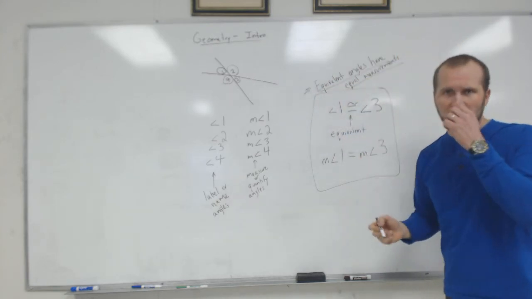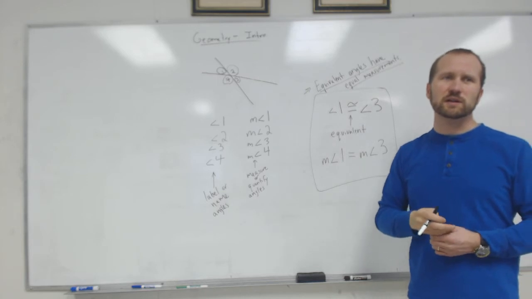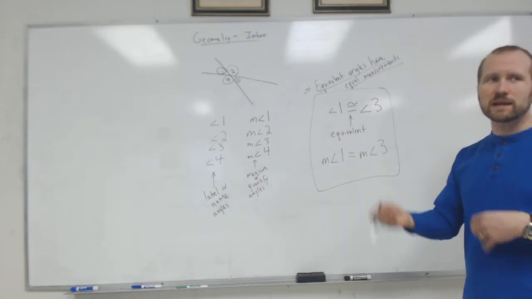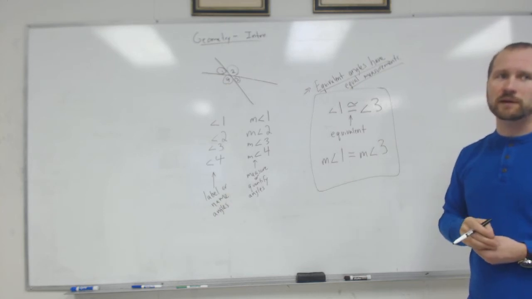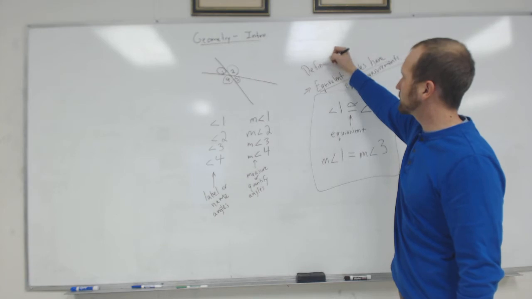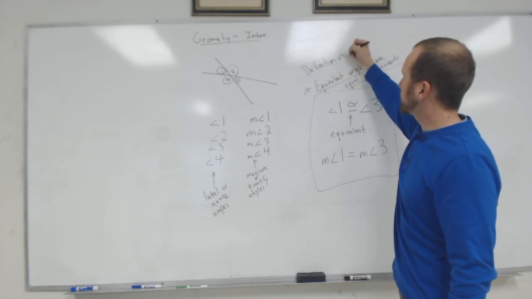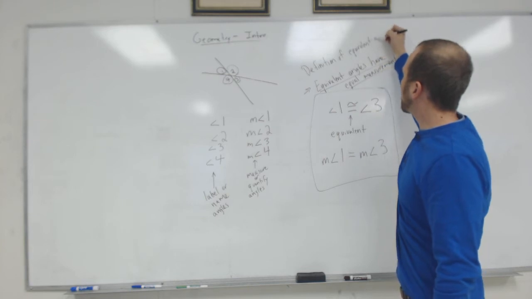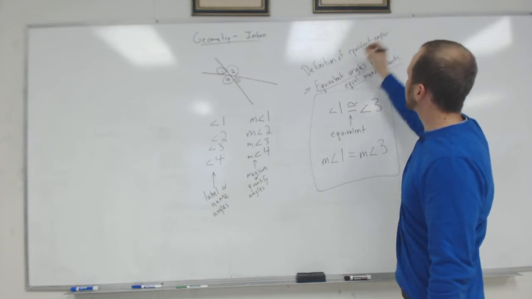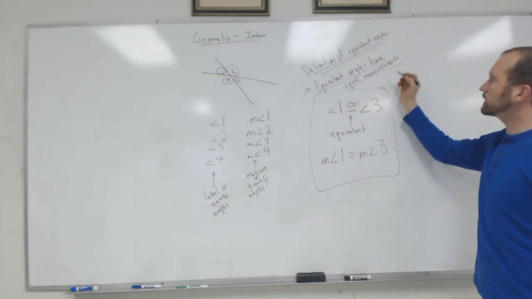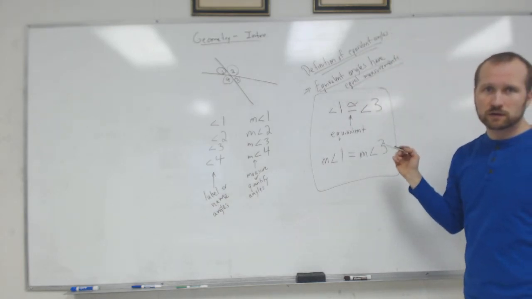You could even call it a postulate or a definition. And these types of statements are going to be really common in geometry. I'm going to call this the definition of equivalent angles. The definition of equivalent angles is that equivalent angles have equal measurements.